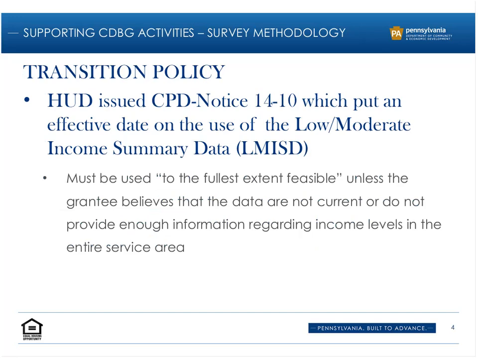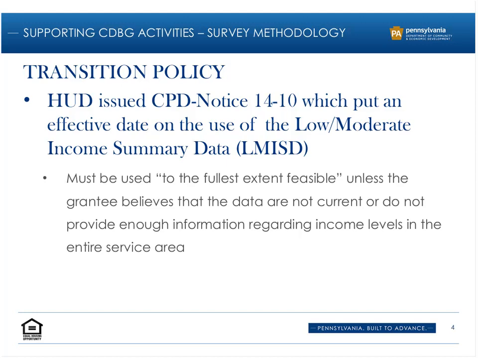So HUD had issued the CPD Notice 14-10, which put an effective date on the low mod income summary data. That's the data that we are used to using to qualify service areas for area benefit activities for our CDBG program. What the guidance said is that to the fullest extent feasible, this data must be used unless a grantee believes that the data is not current or it does not provide enough information regarding income levels in the entire service area.